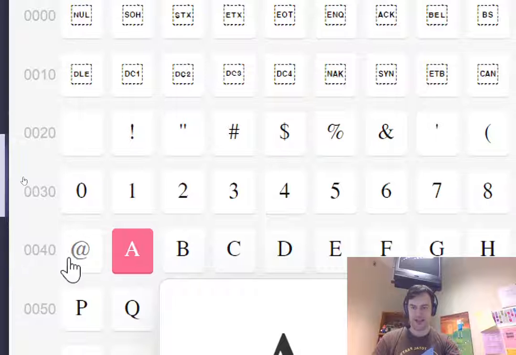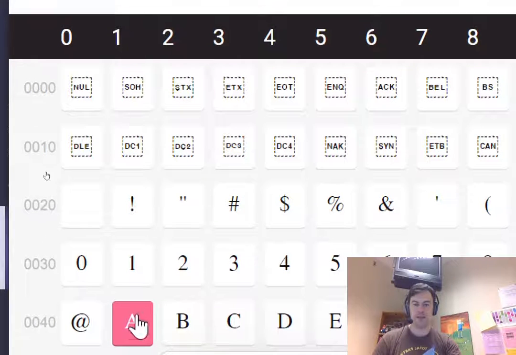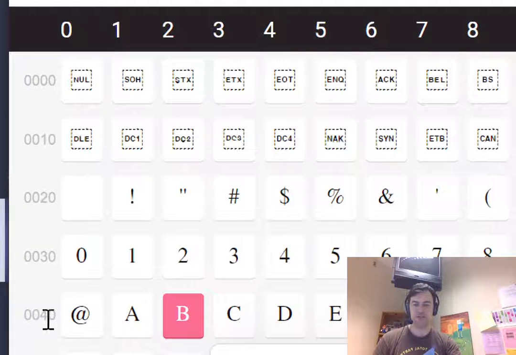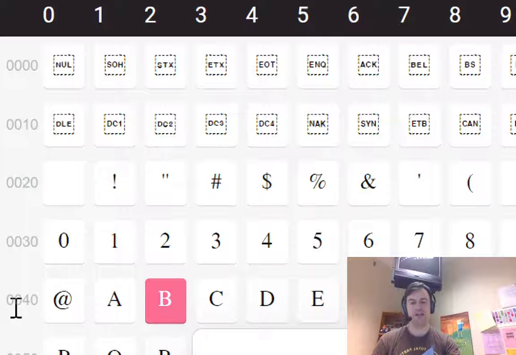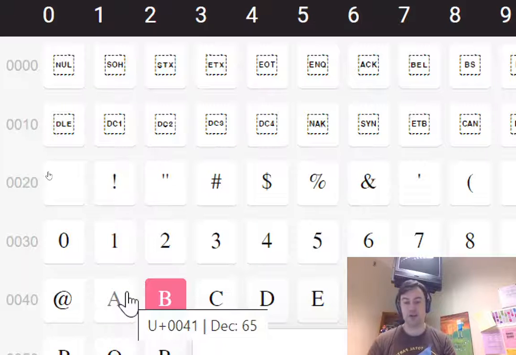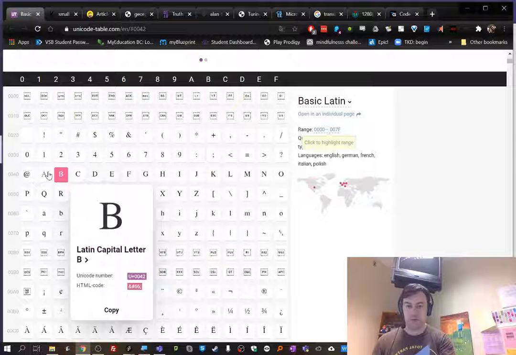You can see that it's got a hexadecimal number, 00401, and B would be 00402. And that corresponds, of course, to a binary number, which could be stored in a computer to remember that this is A, this is B. And the entire work of Shakespeare or Harry Potter or whatever can be encoded into binary numbers.